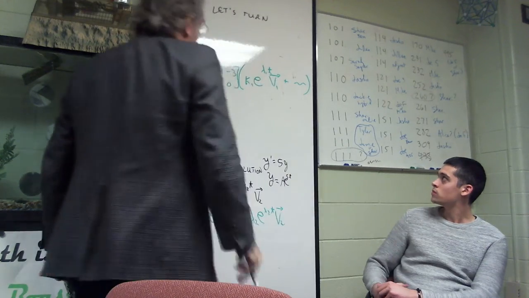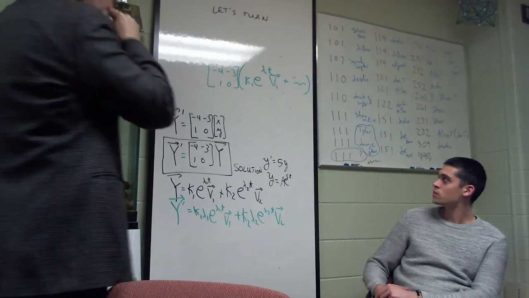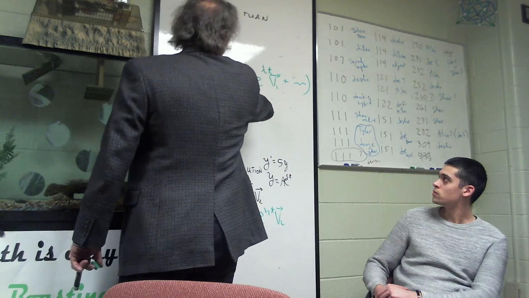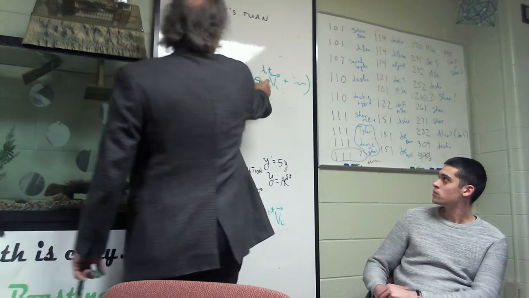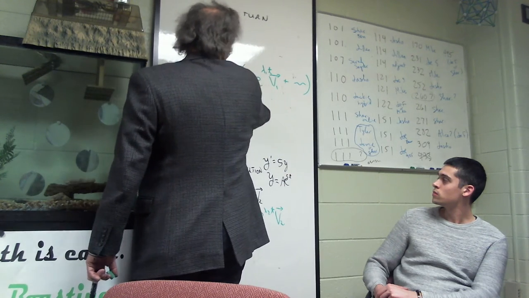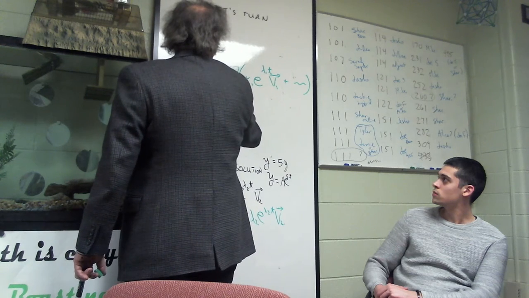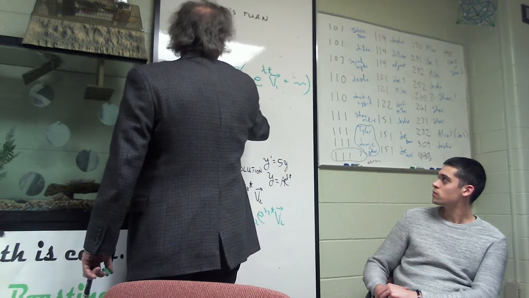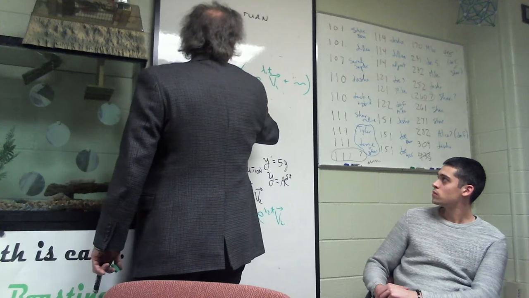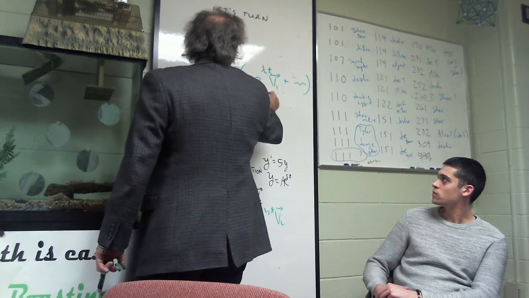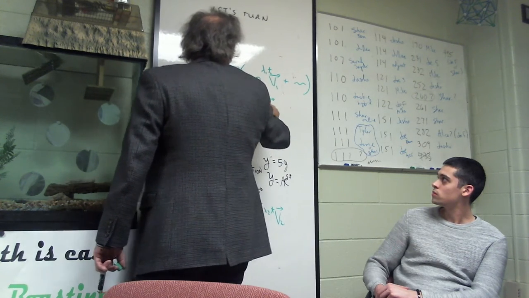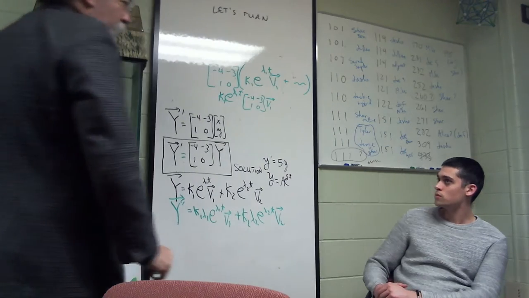I'm just going to let the other thing stand for both, because here's what happens. I have a scalar times a matrix. That's just a scalar times a matrix. This is k1 e to the lambda 1t times the matrix negative 4, negative 3, 1, 0 times v1. Well, v1 was an eigenvector, remember?